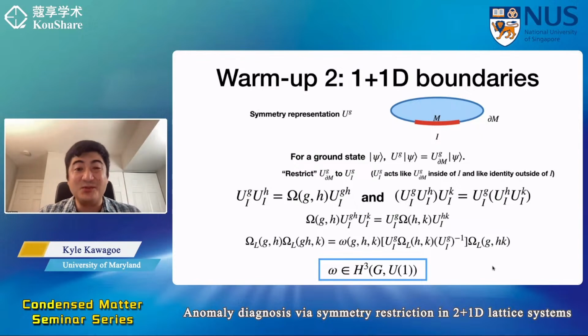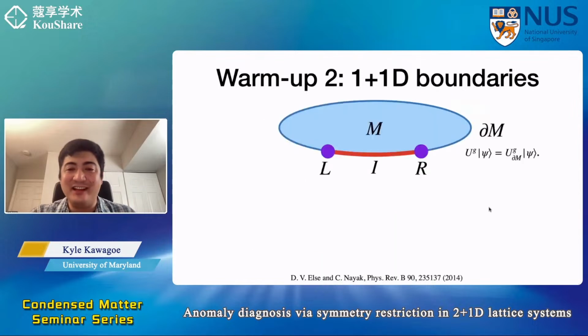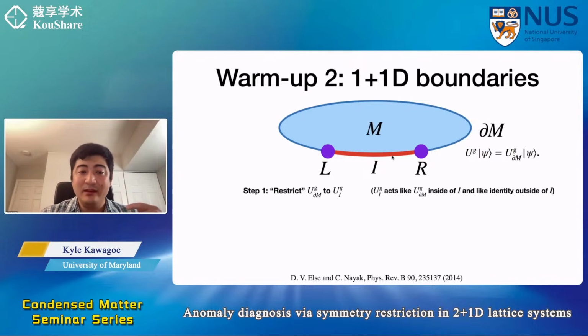Since we're going to be doing this in one higher dimension, I just want to reiterate what these steps were. And since I had a technical glitch, it's probably helpful to go over the steps again anyway. As a reminder, for this 2+1D system that has a 1+1D boundary theory, whose symmetry is given by this anomalous symmetry action UG on the boundary of M, in order to compute the anomaly or the cocycle, we restrict this boundary operator to an interval on the boundary.